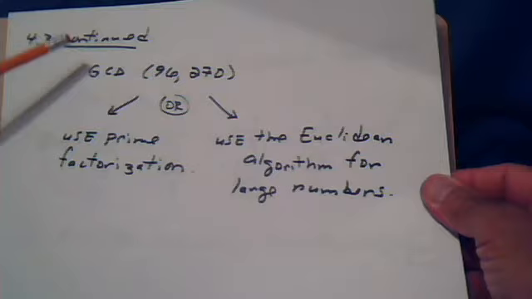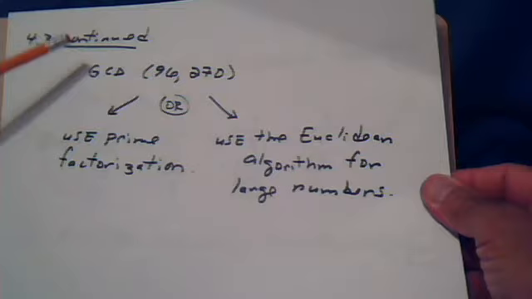So now, finding the GCD for 96, 900, and 630 is the same thing as finding the GCD for 96 and 270. It'll give you the same answer. So that's like shortening the work. So we concentrate on finding the GCD for these two numbers.